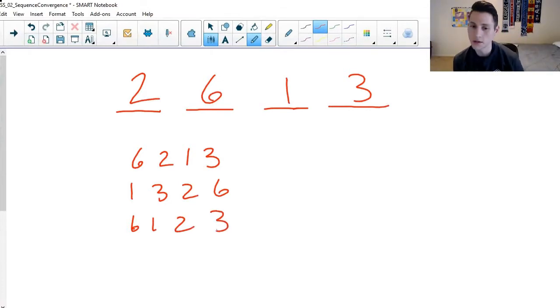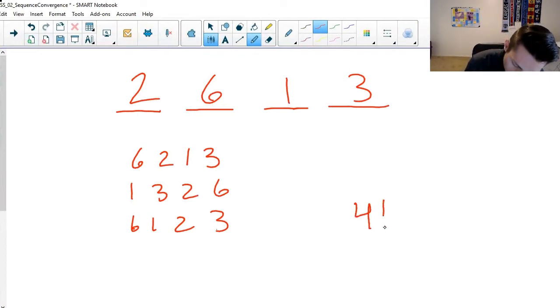Just all the different possibilities for the orders that I could put them in. How many possibilities are there? Well, there's actually 4 factorial possibilities because there's 4 spots. And so 4 times 3, 12, 12 times 2, 24. So if I listed out all the possibilities, there's 24 orders, right, for 4 elements.